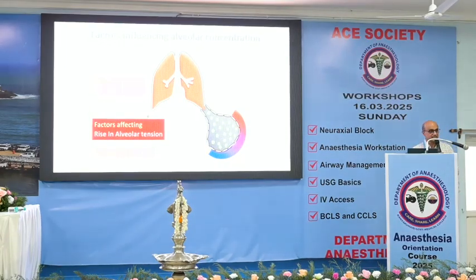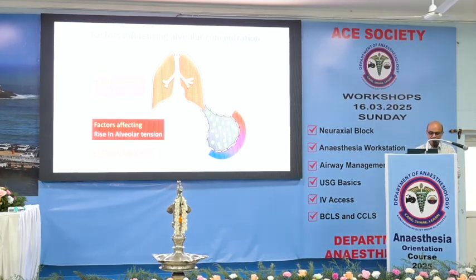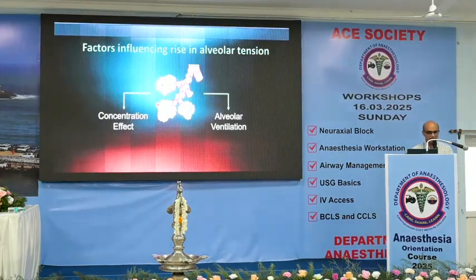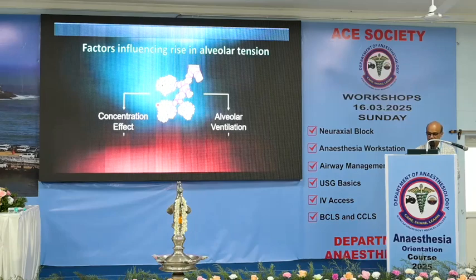So let's come to the second factor now. The agents have reached here, the molecules have reached the alveoli. Now what are the factors which are going to determine the rise in alveolar tension? There are two methods by which it happens. One is the concentration gradient, the other is the alveolar ventilation.